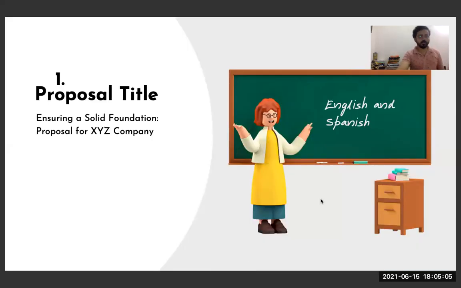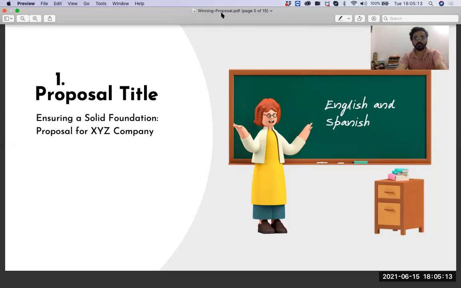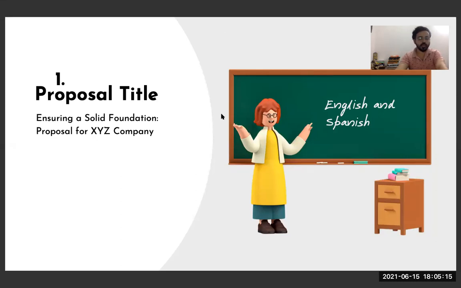Okay, so this is the first point which is very important: the proposal title. Ensuring a solid foundation. Let's say my PDF is called winning proposal PDF 9. I have seen so many proposals, and I have chatted with so many clients.